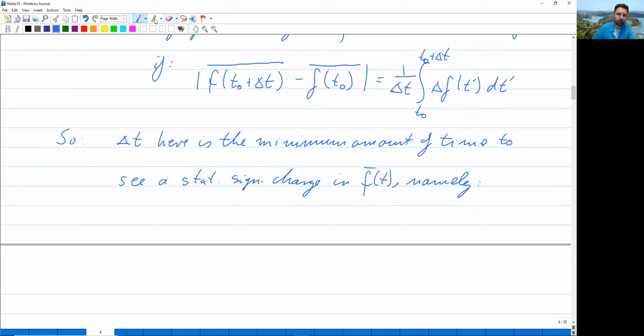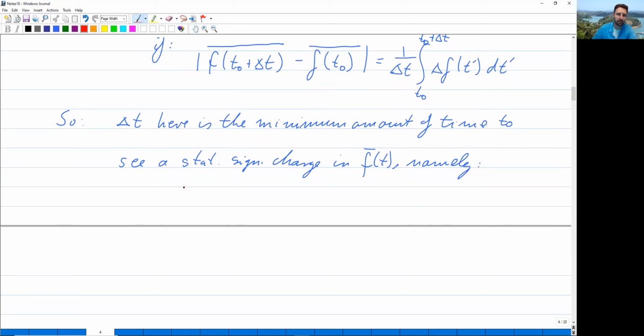Let's write it like this. Okay, so what we have is that delta t is equal to, and then we have in the denominator all of this. So we have f of t naught plus delta t bar minus f of t naught bar, absolute value of this.